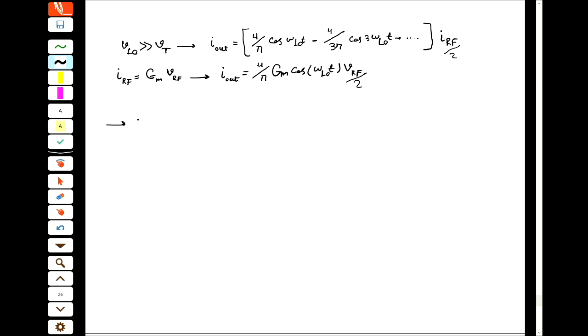Then we can say the I out divided by VRF equals 2 over pi GM, and then the conversion gain, which is equal to V out or VIF divided by VRF, equals 2 over pi GM RC.